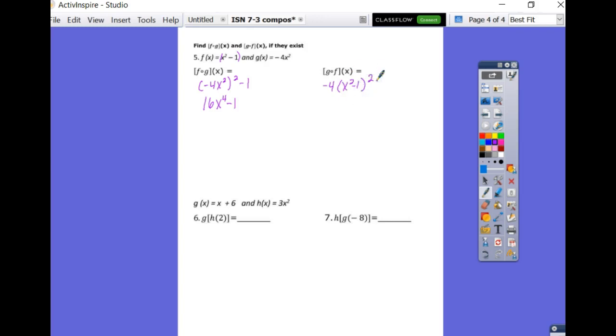Okay, so how many of you wrote this? How many of you got this far at least? So now what do I do? So before I distribute, though, that's multiplying. We have to do the exponent before we distribute. So we're going to do this.